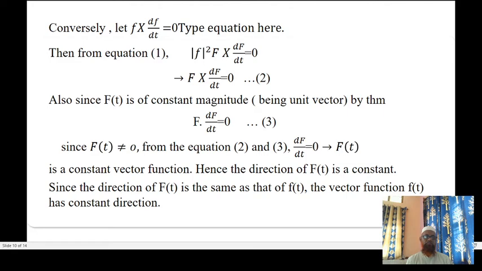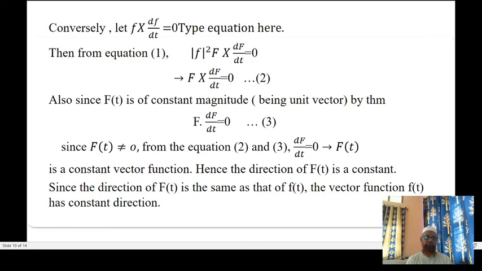Also, since capital F(t) is of constant magnitude, being a unit vector, by the theorem F dot dF/dt equals 0. Since capital F(t) is not equal to 0, from equations 2 and 3, dF/dt equals 0. So F is not equal to 0 means its derivative equals 0.